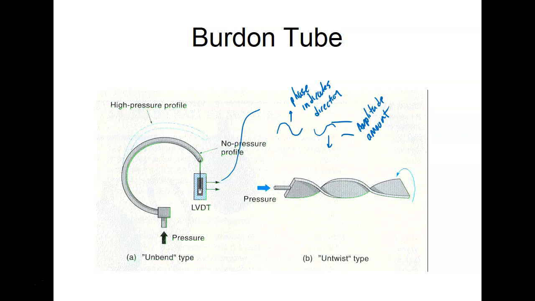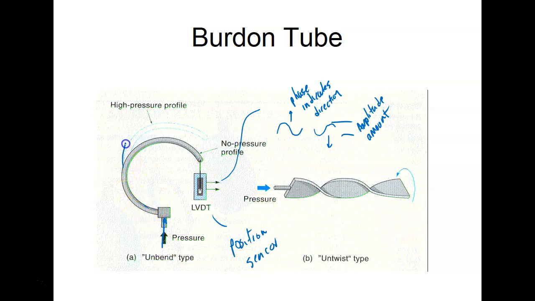Now, the helical one is going to try to do what? It's going to either try to come out of the twist, or it's going to twist more, depending on the direction of the pressure. We're okay? So we're taking an LVDT, which is technically a position sensor, and then we bring in pressure or vacuum.